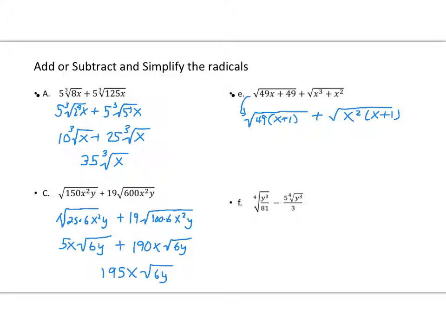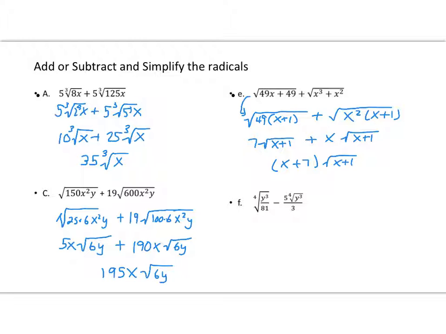Now I can simplify the square root of 49 and I get a 7 times the square root of x plus 1. And here I can take out an x, and I get the square root of x plus 1 here. Now I have the same radicand and index, and so now I just am left with x plus 7 in parentheses times the square root of x plus 1.